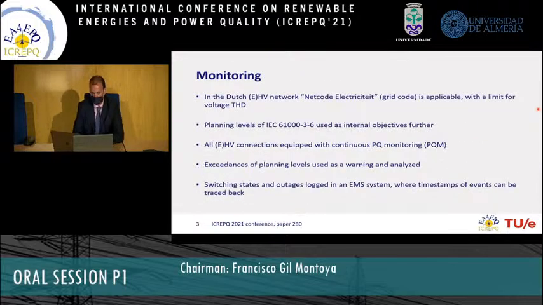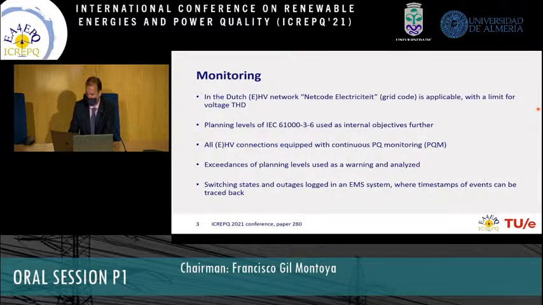Now, a few words about the monitoring in the system. First of all, the reason why there is monitoring in the high voltage and extra high voltage systems is that there is a local grid code called netcode electriciteit, which specifies a THD limit for harmonic voltages.